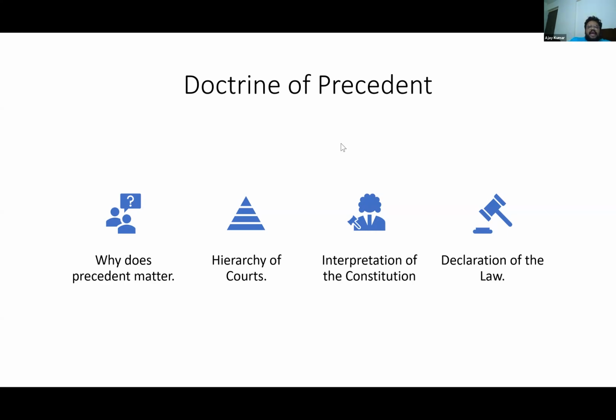So the idea is that even if one is of the same rank, let us say there is a civil court judge in court 2 who has expressed a view on something, and there is a judge in court 3 who is about to face a similar situation. Ideally, the judgment of the judge in courtroom number 2 does not bind the lady judge in courtroom number 3, but discipline requires that she not differ from the previous opinion unless there are painfully apparent reasons to do so.